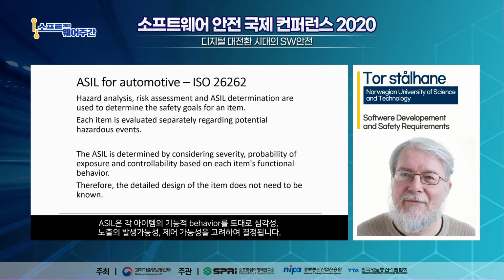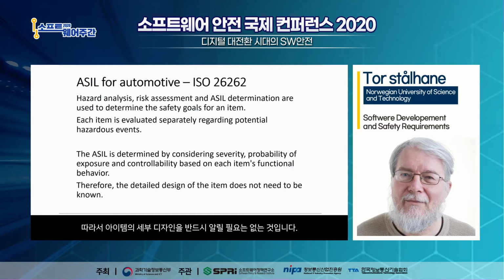And the ASIL is determined by considering severity, probability of exposure, and controllability based on each item's functional behavior. Therefore, the detailed design of the item does not need to be known. You need to know what kind of item we have, what's its function. Like for an automotive, it might be a brake or a steering mechanism or whatever.